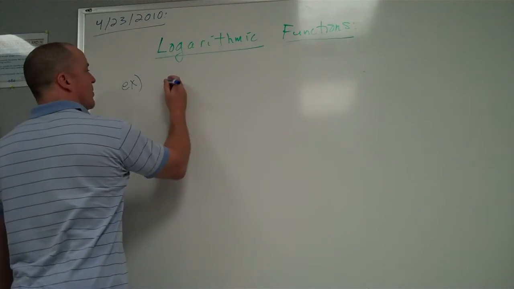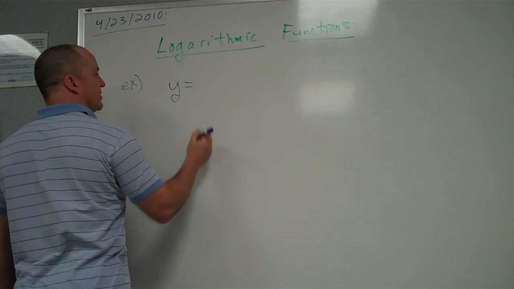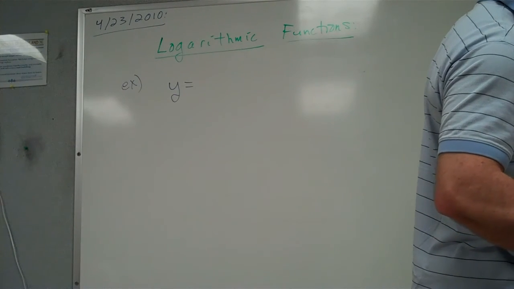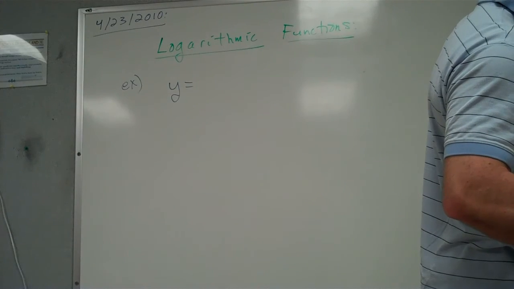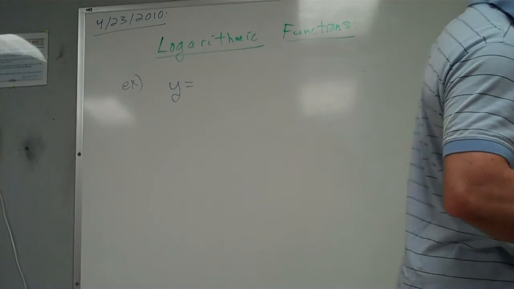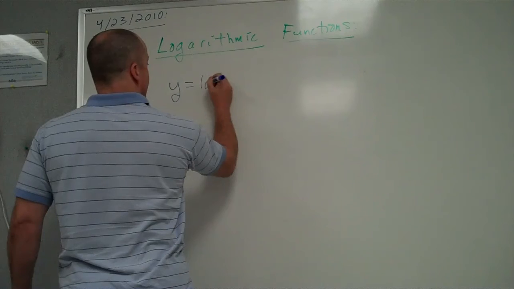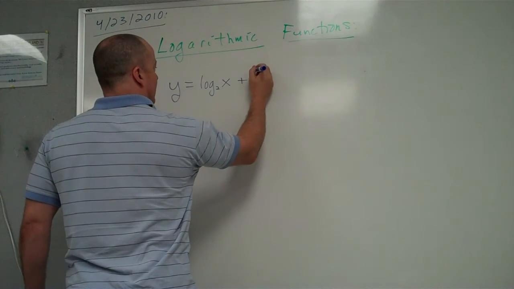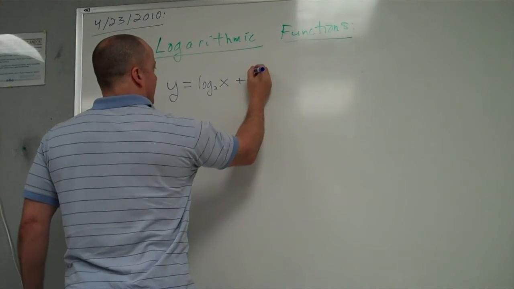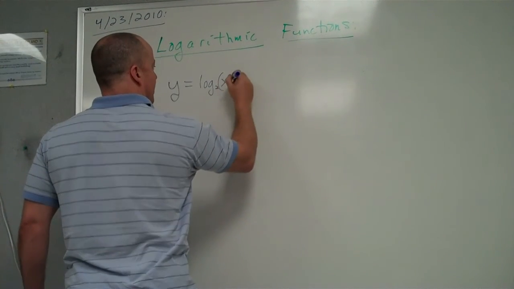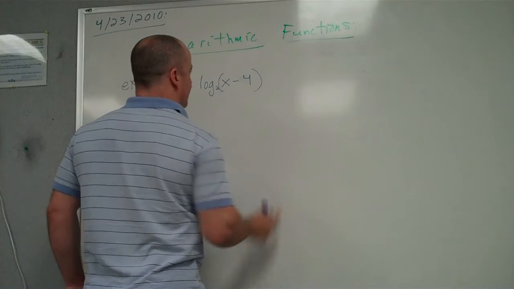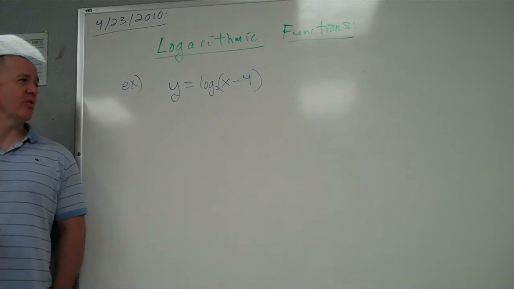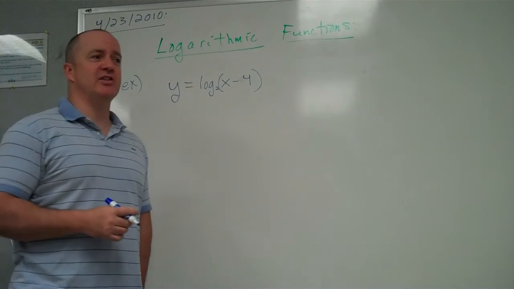If I give you y equals log base 2 of x minus 4, that would be my first example. How do you think you'd rearrange this to be an exponential statement?